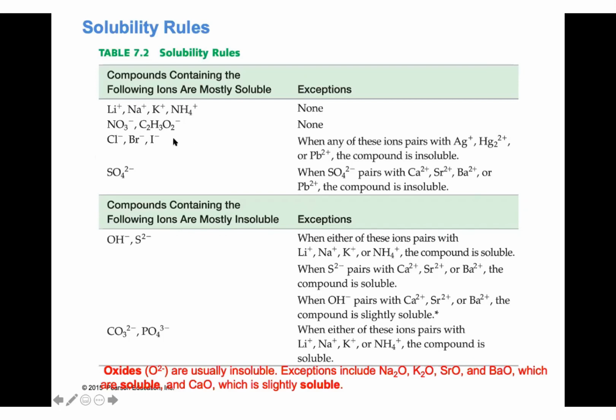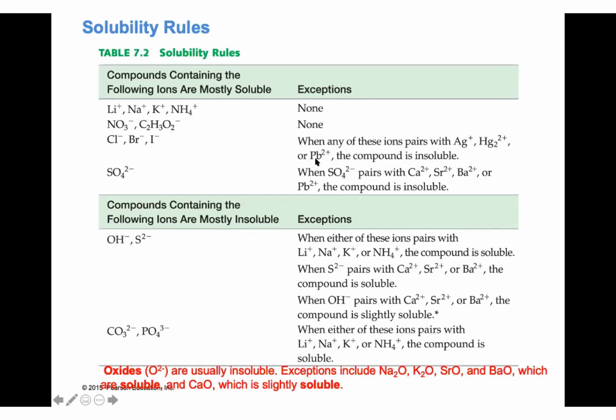What about the halides or halogens here? All of the halides are soluble except when they pair up with Ag+, mercury, or Pb2+, then it is going to be insoluble, or you put S on the right side of it.